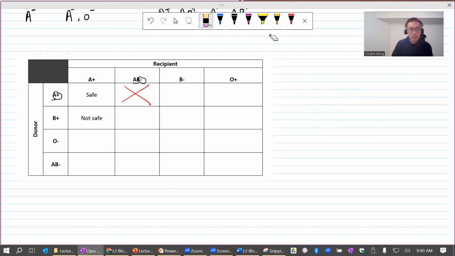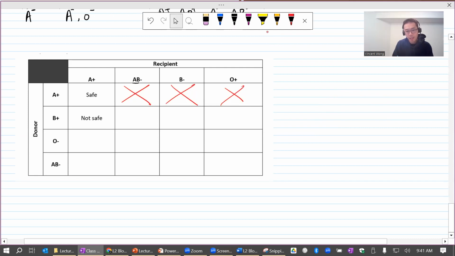In fact, this whole row is going to be not safe. Because again, positive cannot be given to negative for the second one, and A cannot be given to B anyways. And for the last one, A cannot be given to O. So that's why it is not safe. So it's no, no, no for the first three.